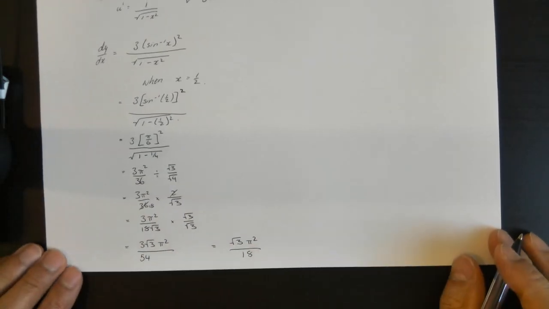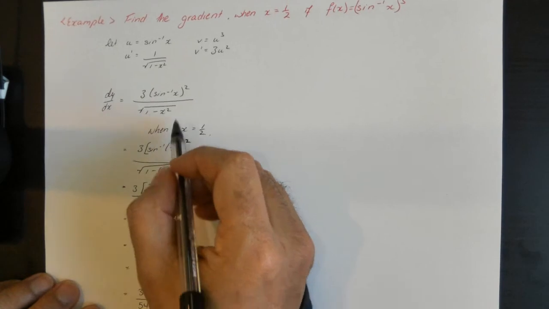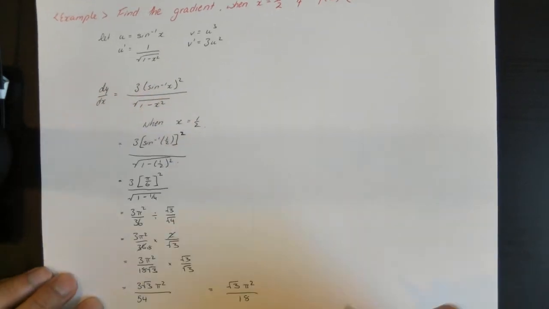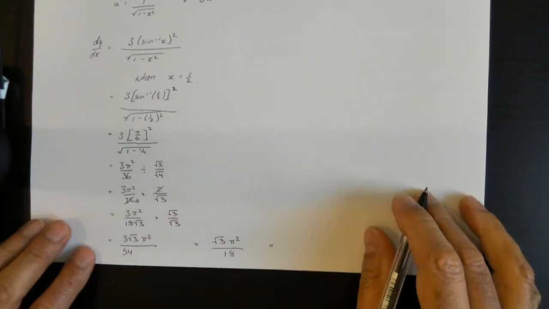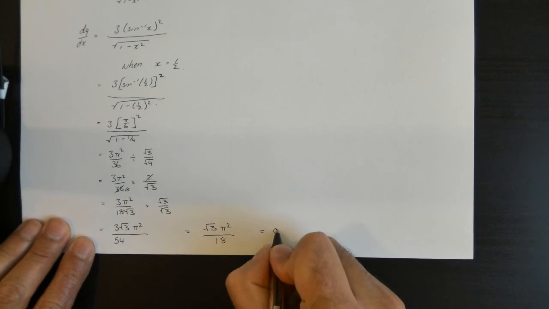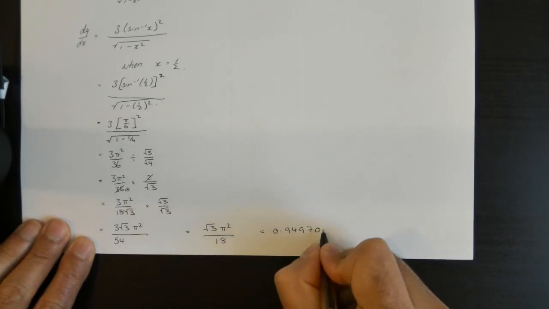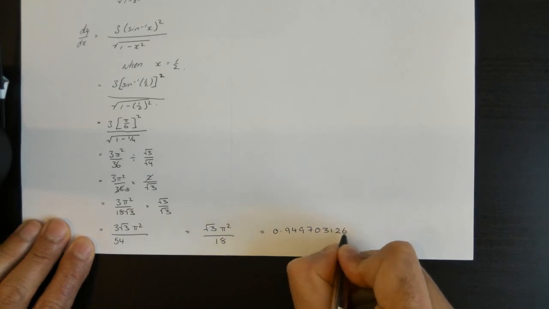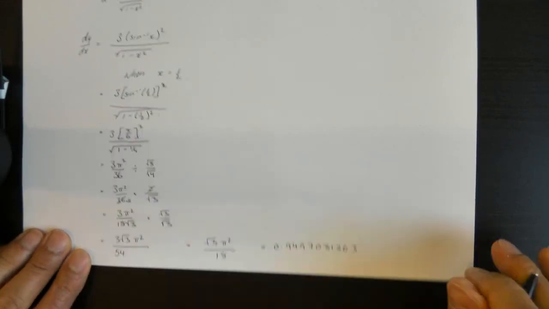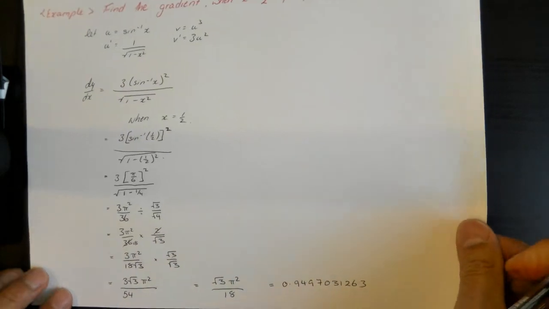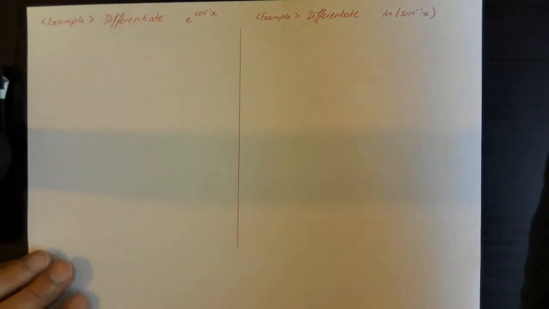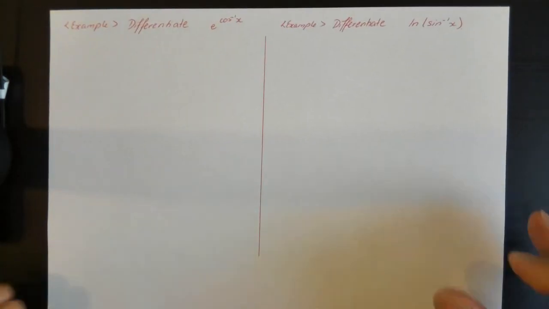And that's the gradient. Obviously, if we plug that half up here, we would get a decimal in our calculator, which is 0.9497031..., which is the same number.